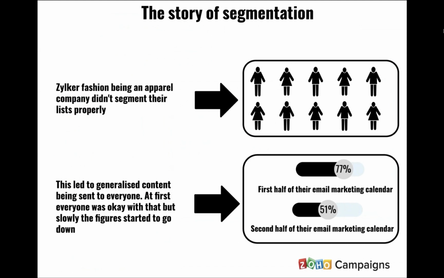That would definitely resonate with the tastes and preferences of the male subscribers, but it would not really be useful to the female subscribers who were interested in Zilker Fashion.